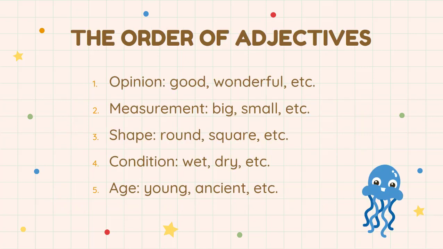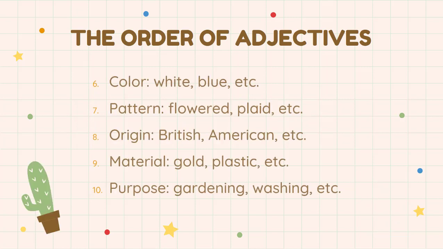Now, when you want to have some adjectives in an adjectival phrase, you must pay attention to the order of the adjectives. The first is opinion, and then measurement, shape, condition, age, color, pattern, origin, material, and purpose.